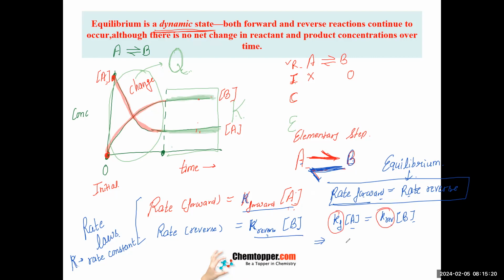K forward divided by k reverse is the concentration of the product B over the concentration of A. And this is called the equilibrium constant.